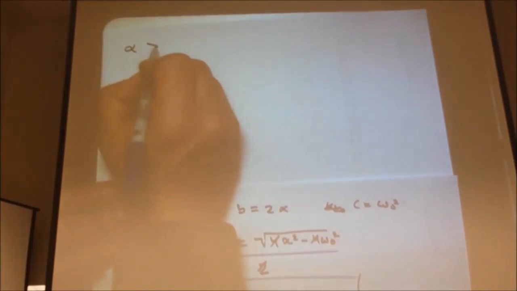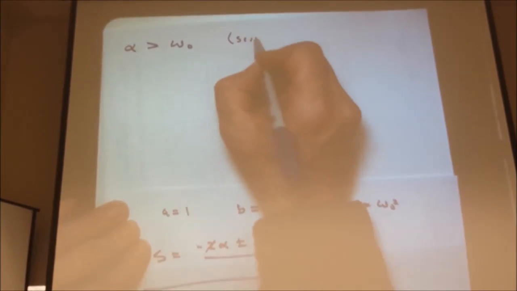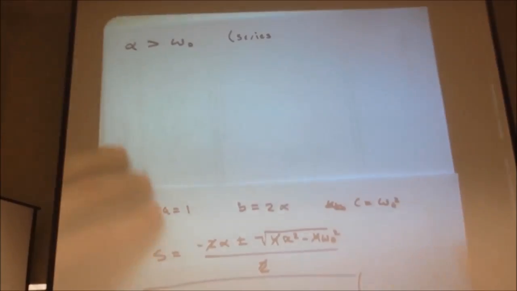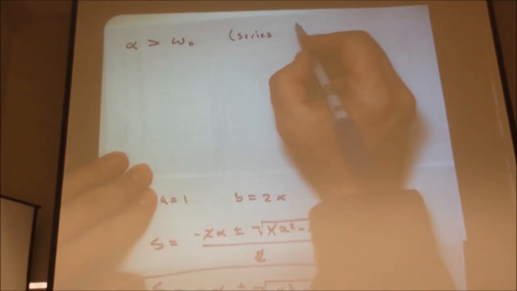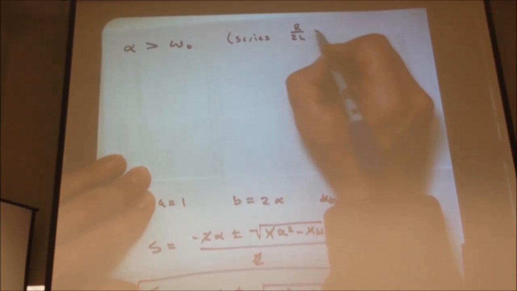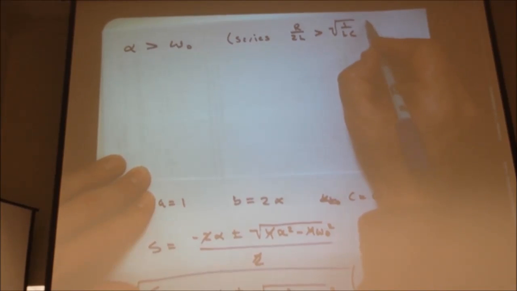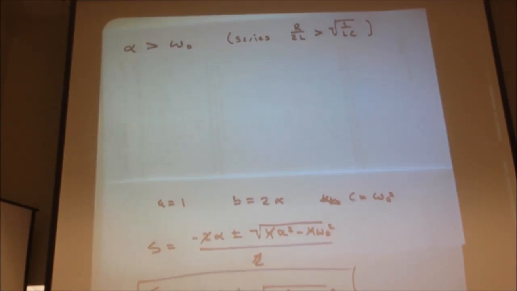We have alpha greater than omega naught. Right? That's a possibility. For our series circuit, what does that mean? Well, R over 2L larger than square root of 1 over LC. Alpha greater than omega naught.